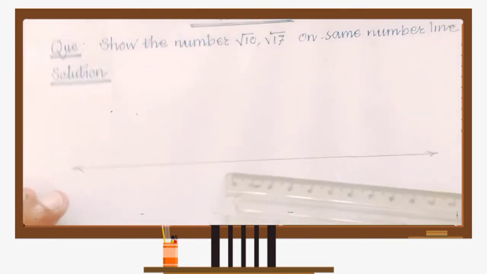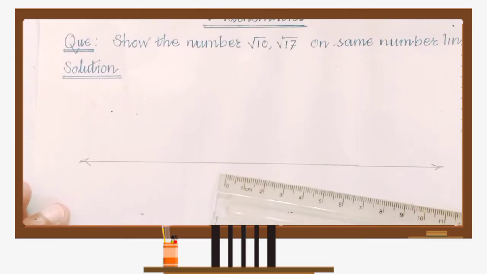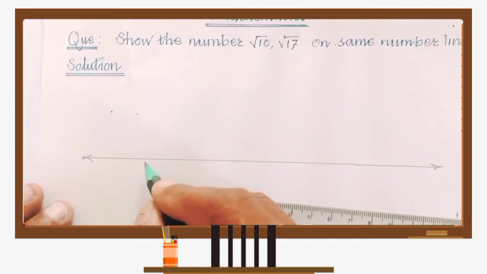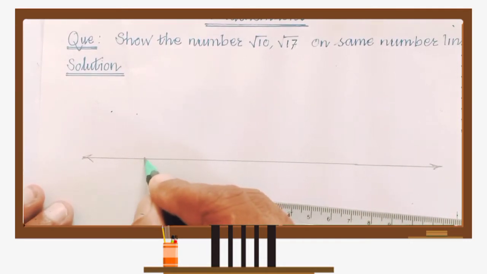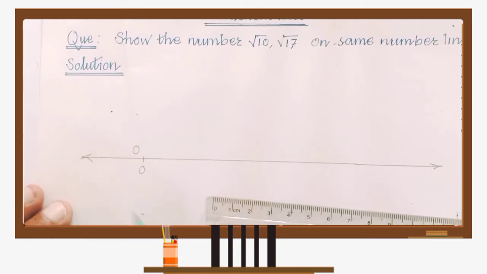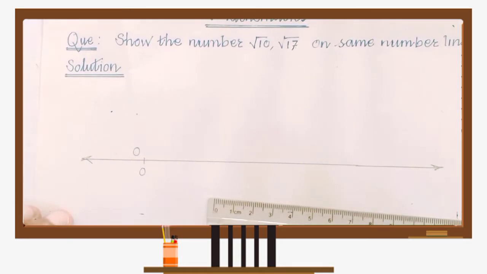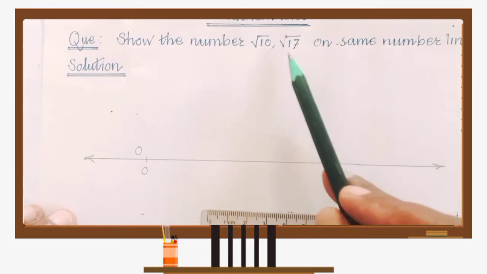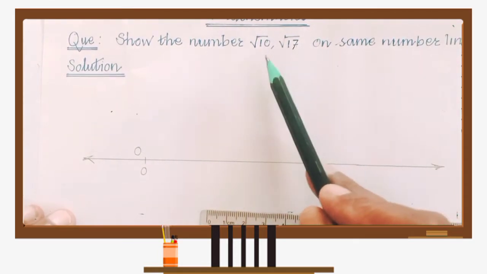On that you take an origin. आपको वहाँ origin लेना है. So you are taking an origin here. It is our 0, which is the origin O, and you see this root 10 and root 17, which we have to show.